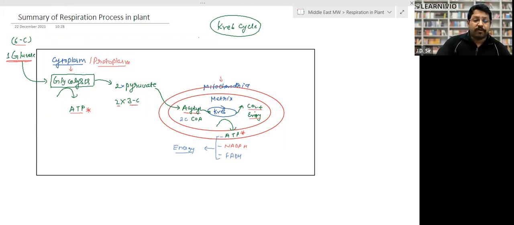That's how the production of energy takes place. During this Krebs cycle, ATP is produced, NADPH is produced, FADH is produced, and all this is part of energy. So that's how energy is produced in this complete respiration cycle. This is actually respiration. Look into it and let me know if there is any confusion.